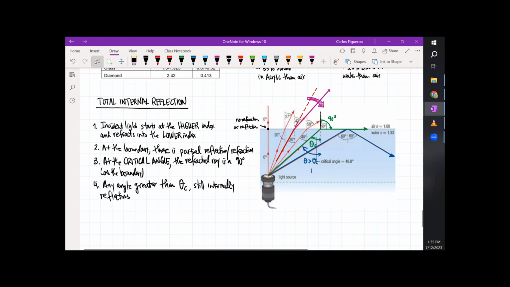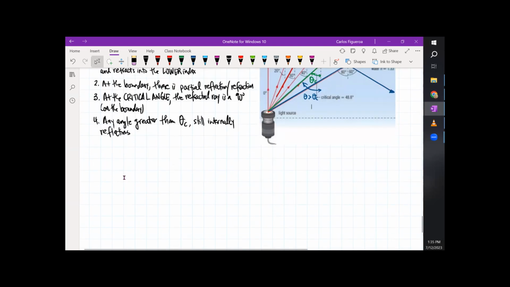So what does Snell's law say here? From Snell's law, we have that N1 sine of theta 1 is equal to N2 sine of theta 2.